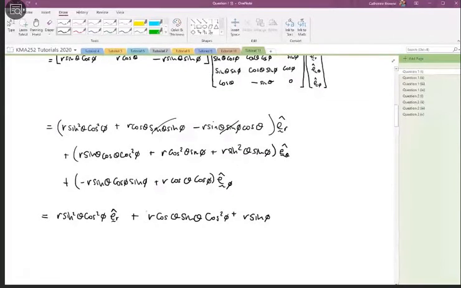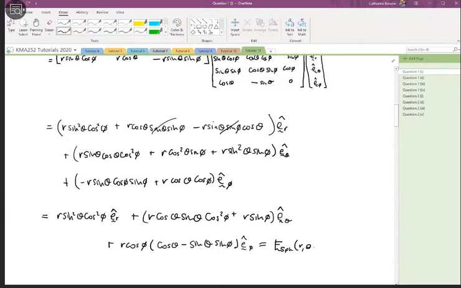So that's where I get that from. And I think I've just taken out a common factor there. And so that is equal to the vector field in spherical coordinates.